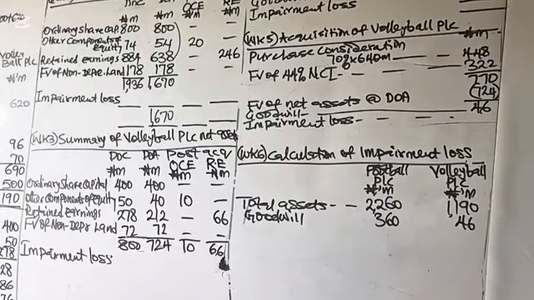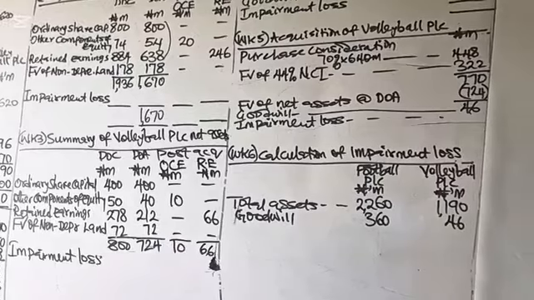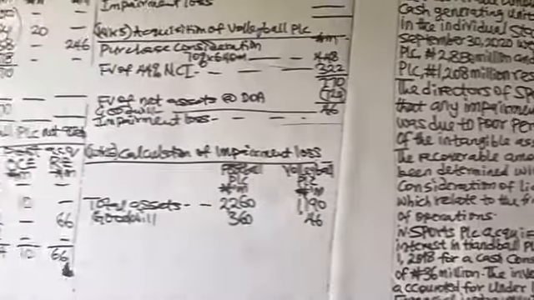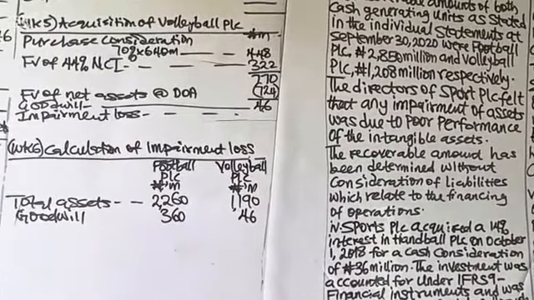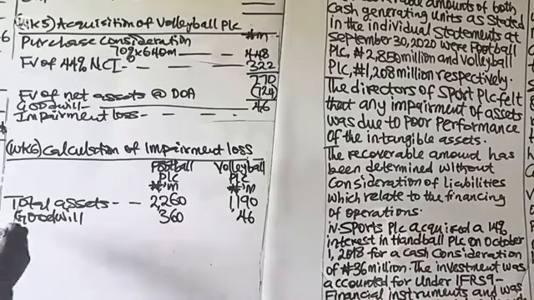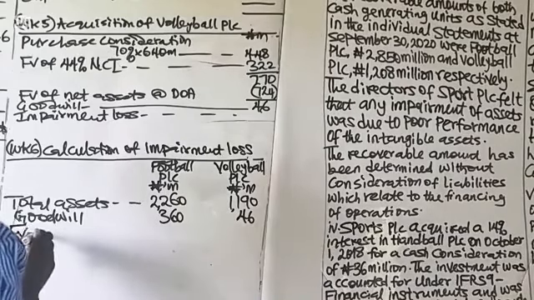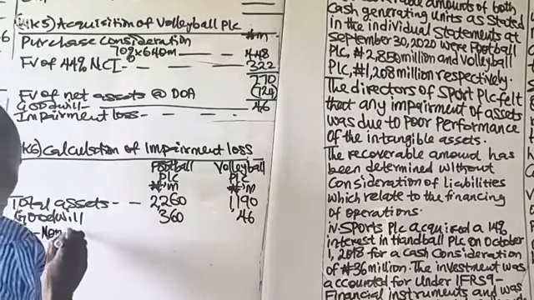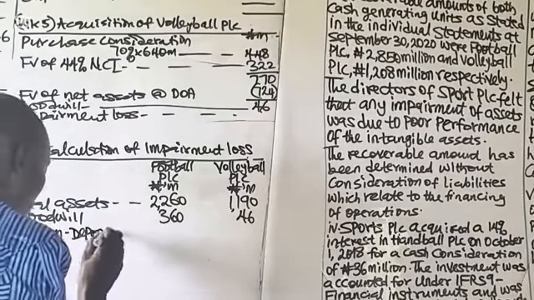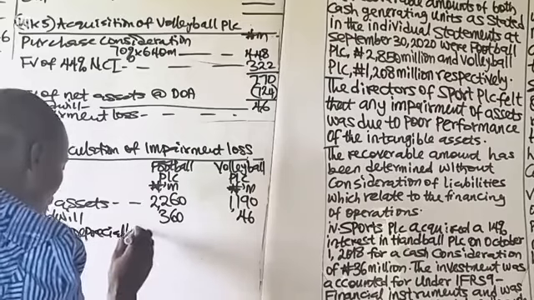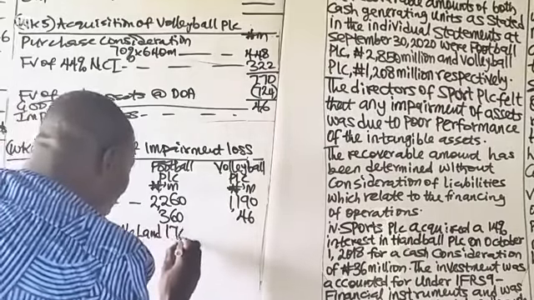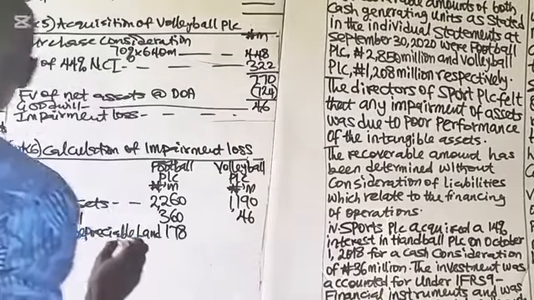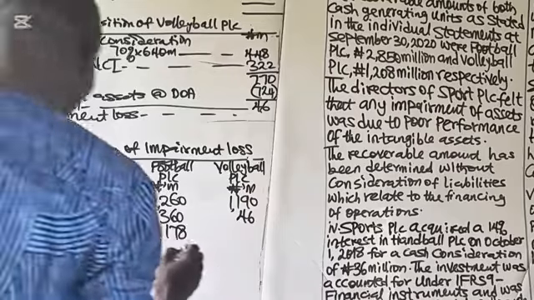So we have fair value attributable to non-depreciable land. Football 178, Volleyball we have 72.